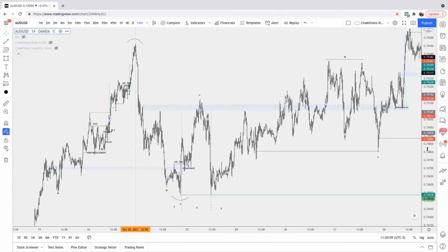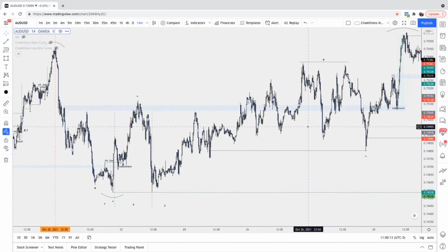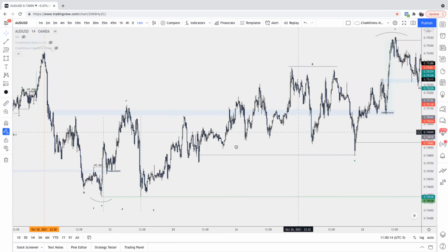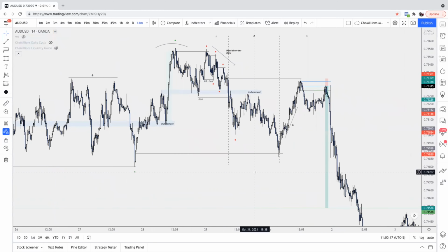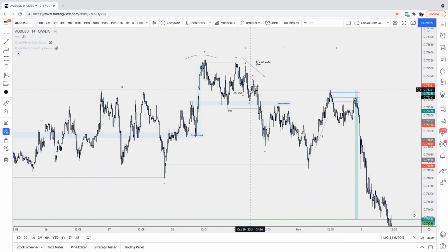Nonetheless, that's just a very quick breakdown of AU. I hope that was useful. A few key notes to take from this is just knowing what phase of the market you're in, knowing when price is getting ready to expand, knowing if price should even be expanding at this point.